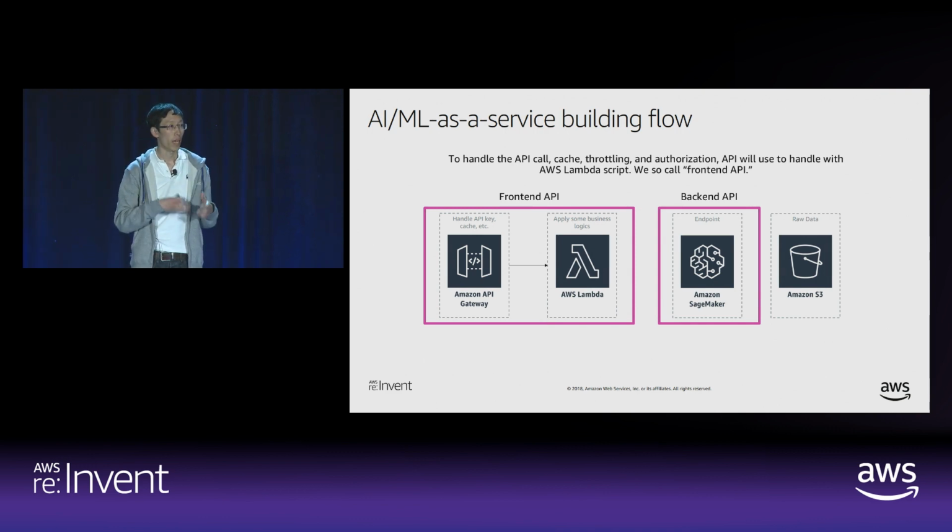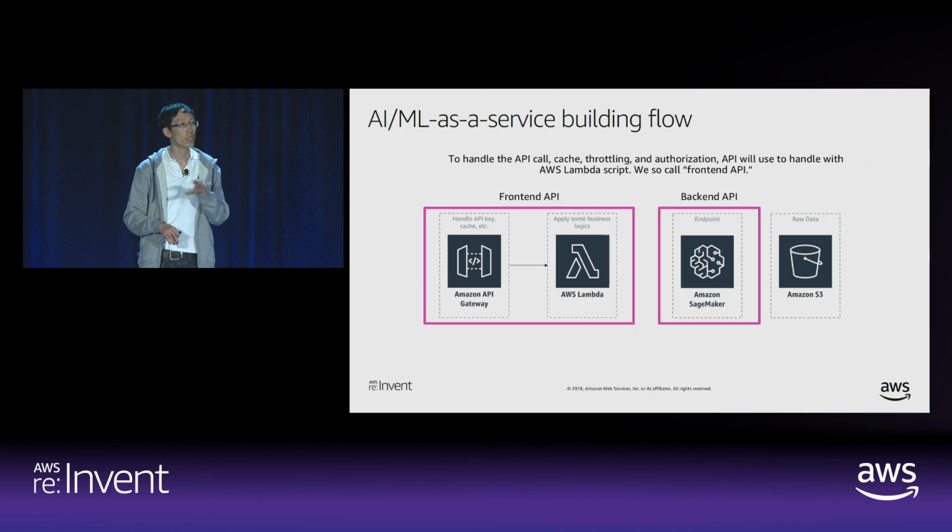So to make it reliable, with high reliability, we're going to use an API gateway in front of SageMaker, right? So what are we using the API gateway for? Using it for caching, for throttling, for generating the API key, and maybe we can also handle some DDoS protection, right?